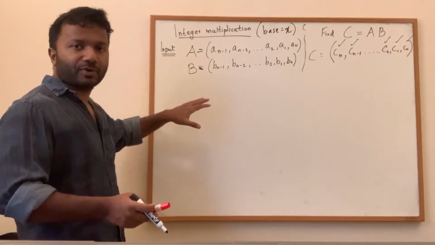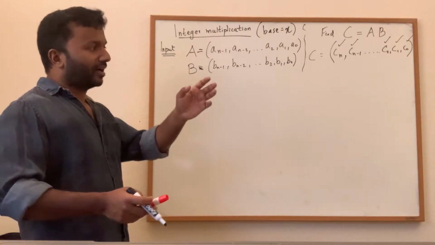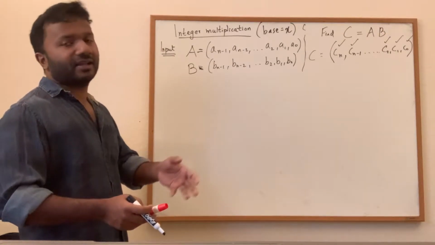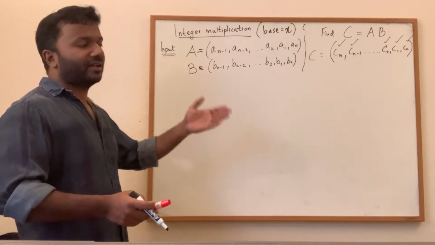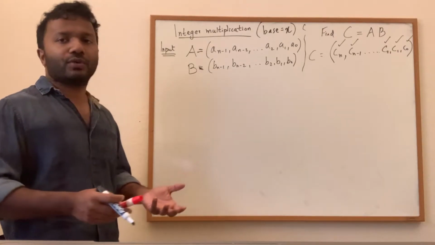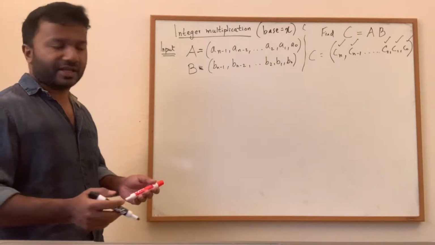So you get all those products. Then you take the second digit of the second number from the right side, do the same multiplication, then the third one, etc. So in total you will end up spending a quadratic number of multiplications.